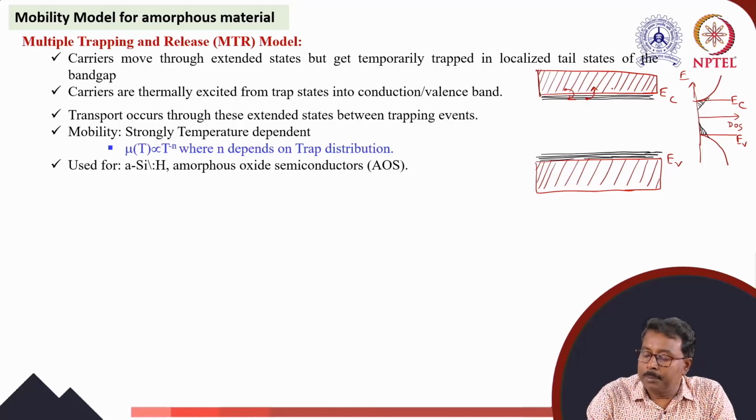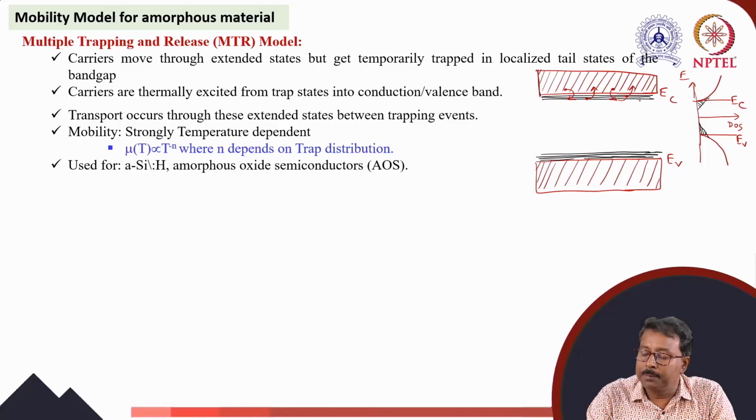Or suppose some carriers move from here to a trap state, and in localized states they move to another state, and from that they are again emitted back to the original state. So all the communication is not directly in the conduction band, but through some extended states. They get trapped in the trap states.